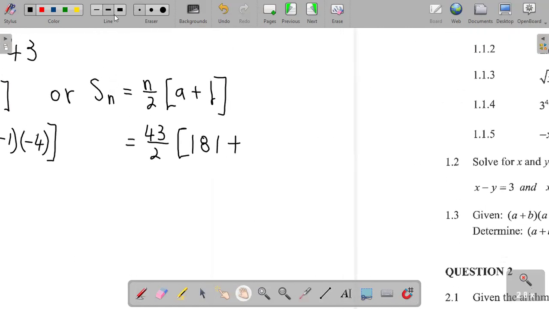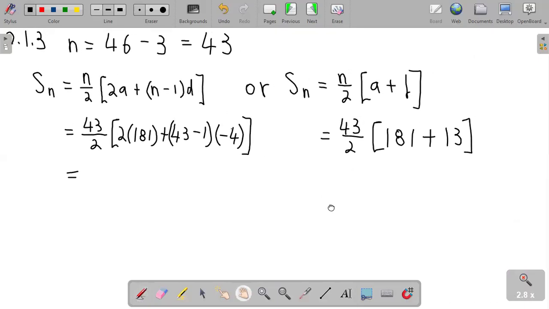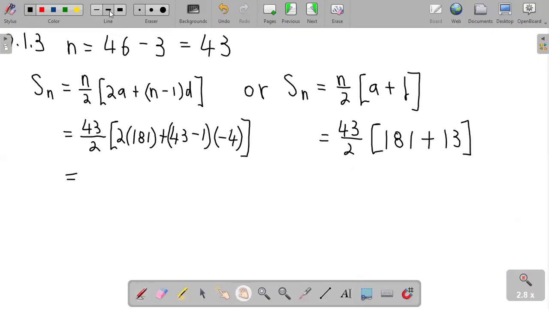So it's going to be 181 plus 13 here. So yes, then you use a calculator in each case. So it's going to be 43 over 2, and then 417. You use a calculator there.